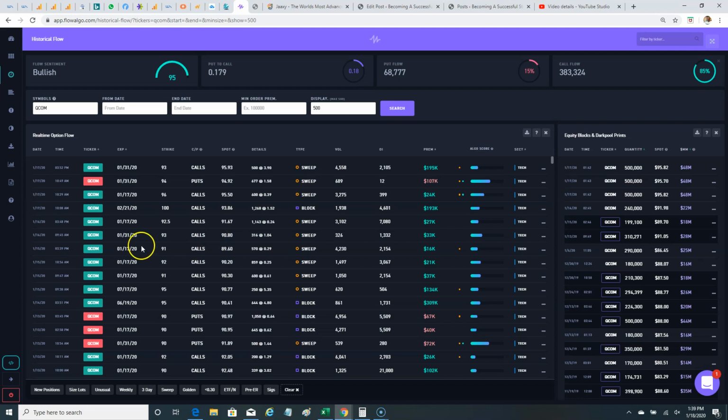So let's come back here to Qualcomm. What I want to show you is the usage of this feature. We select our stock on there and we go back in history. We get some of the flow that has come in the past. But the specific one I want us to get our hands on, that's going to serve us for this study, is what happened on the 16th.